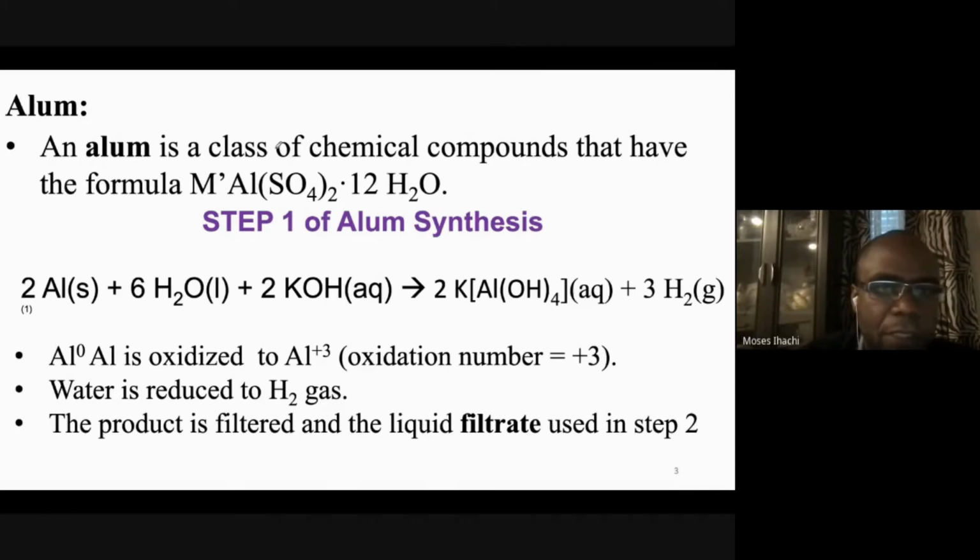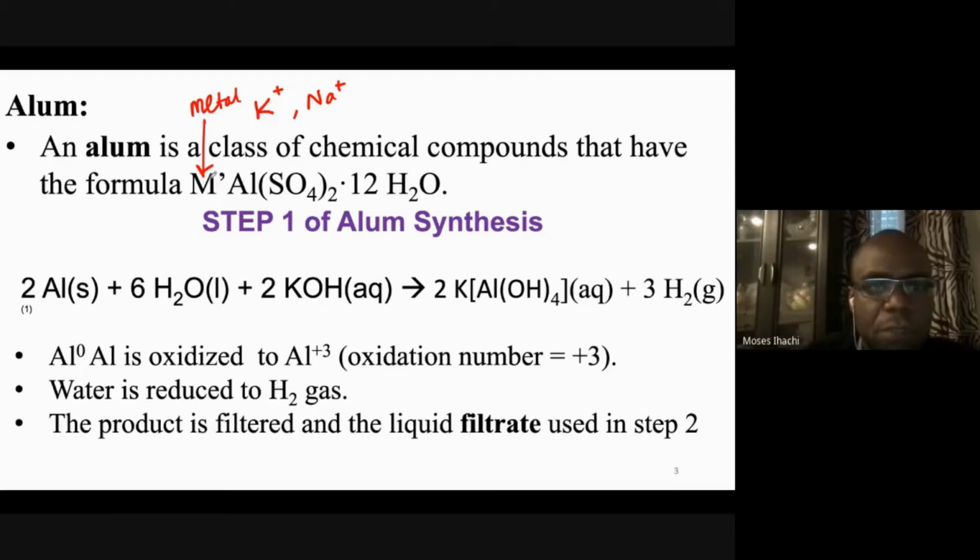An alum is a class of chemical compounds that has the formula with M standing for the metal. That could be potassium if you use potassium hydroxide, or sodium if you use sodium hydroxide, and other metals can be used to make alum.